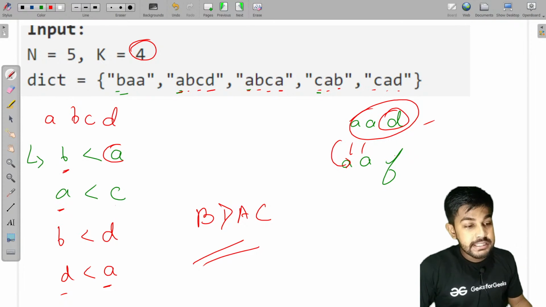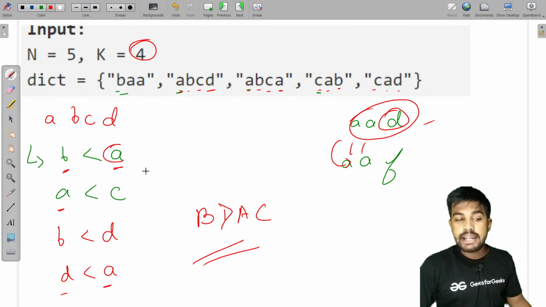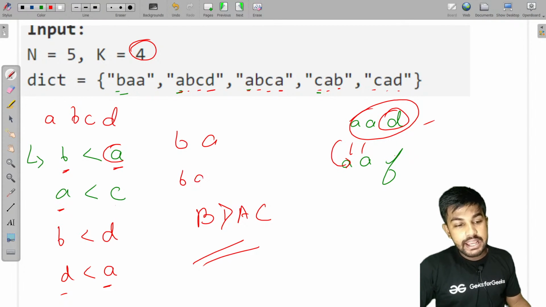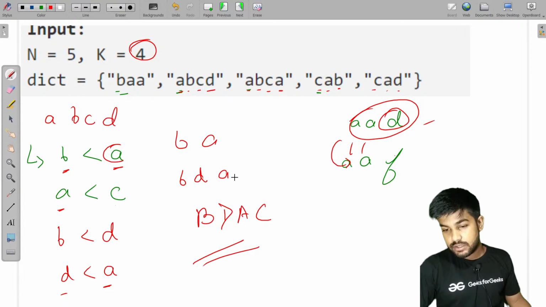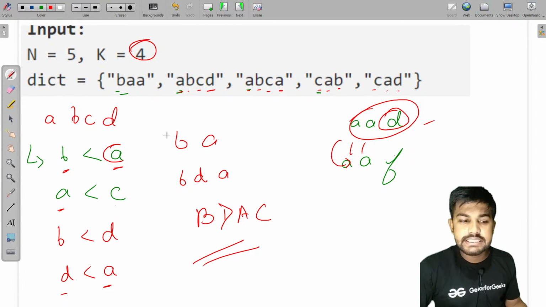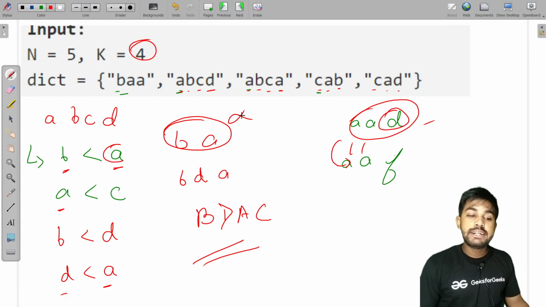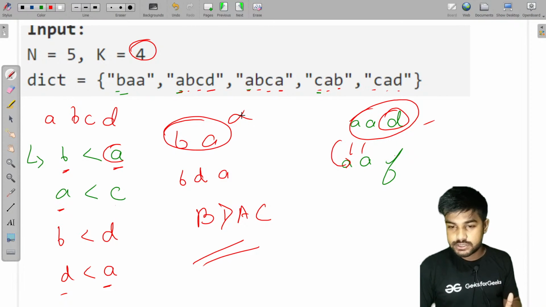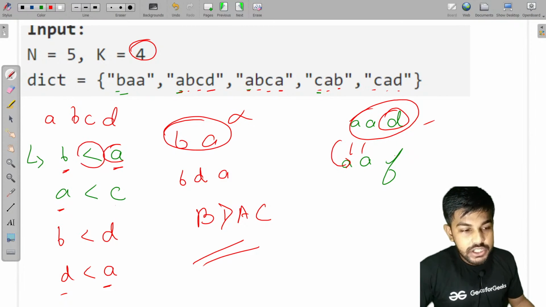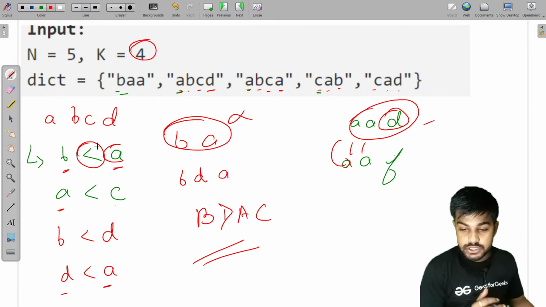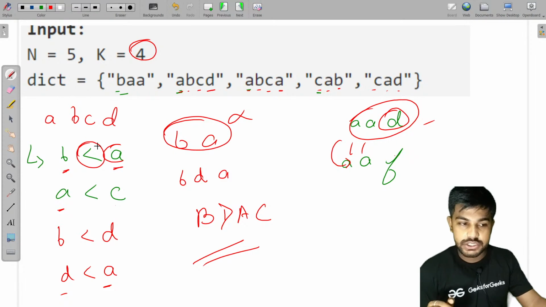Because B is smaller than A, but we can't directly write just BA. We know that B comes first, then D, and then A. It would not serve the purpose. That's why we need to keep check of all the relations. This is a relational operator, and we need to check all the relations.